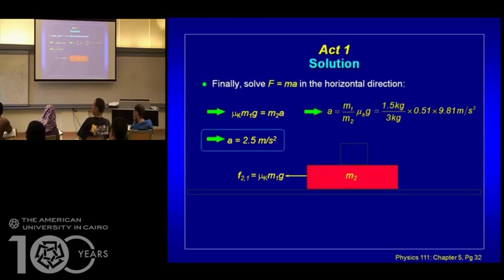So N2 is the normal force from the floor on M2, but the magnitude takes into consideration what's on the top of M2. We did not ignore it. It's there. So N2 is equal to N1 plus the mass of M2 times G.